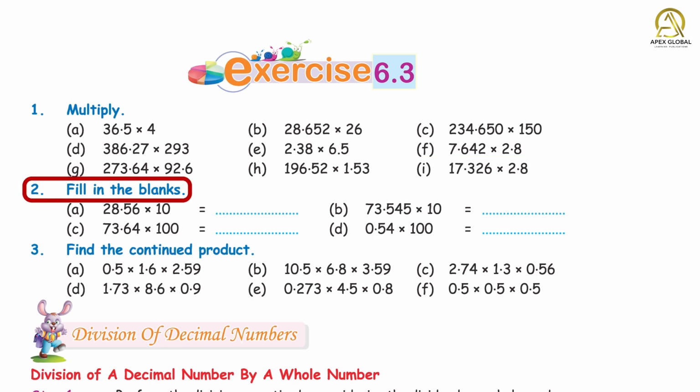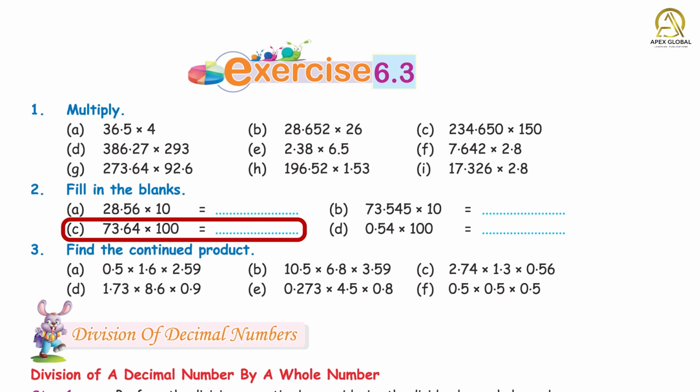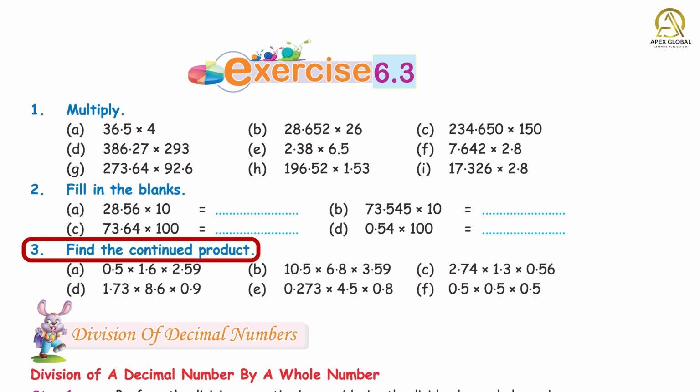Question 2. Fill in the blanks. A. 28.56 into 10. B. 73.545 into 10. C. 73.64 into 100. D. 0.54 into 100. Question 3. Find the continued product. A. 0.5 into 1.6 into 2.59.